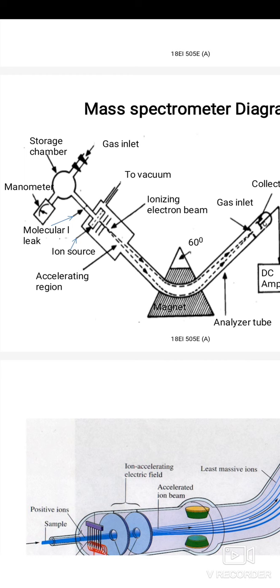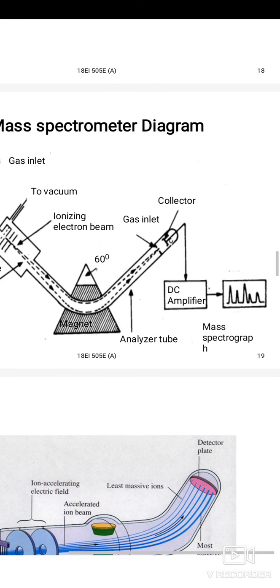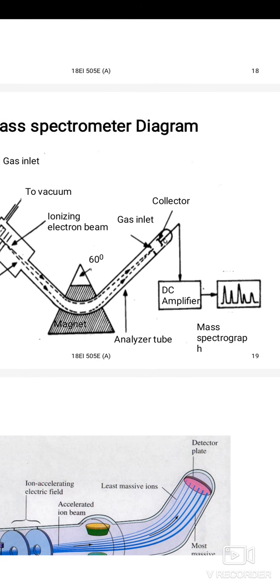According to their mass to charge ratios, the deflected ions or different species can be collected across the electrometer tube. The collector electrode, the electrometer tube, converts these ions into current. The current is given to the DC amplifier. The DC amplifier amplifies this weak signal into a high signal that can be recorded on the mass spectrograph.